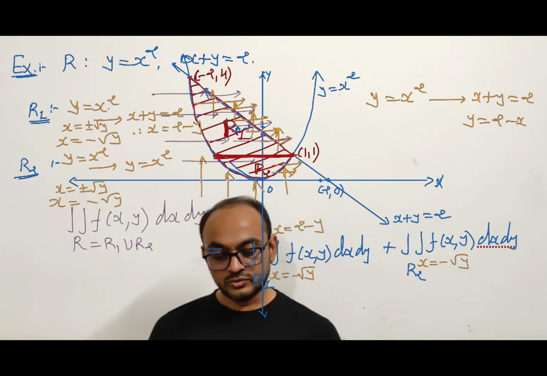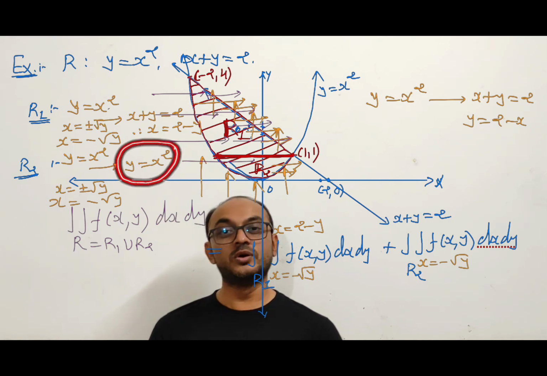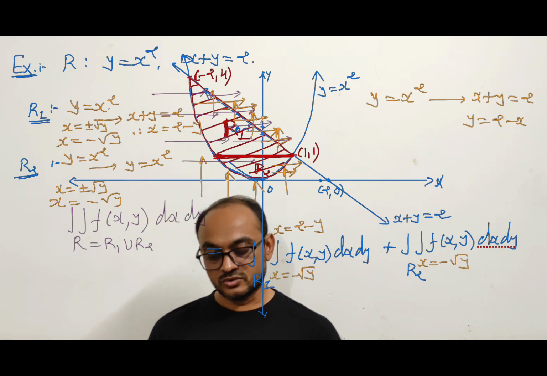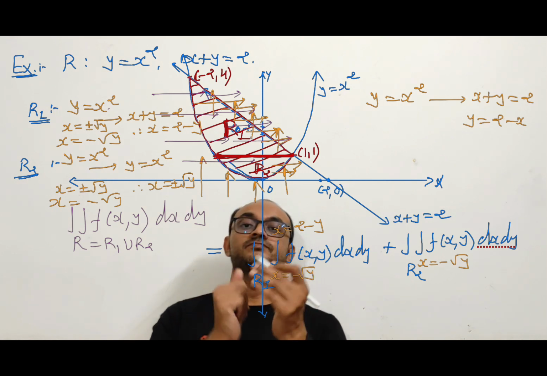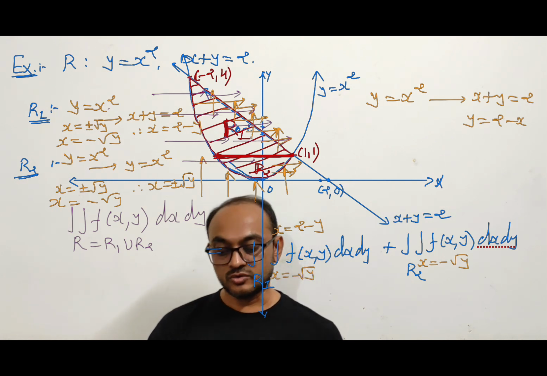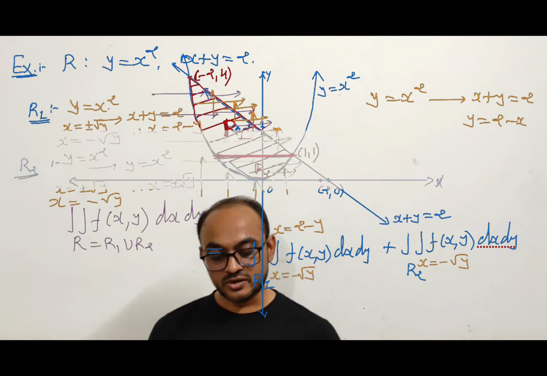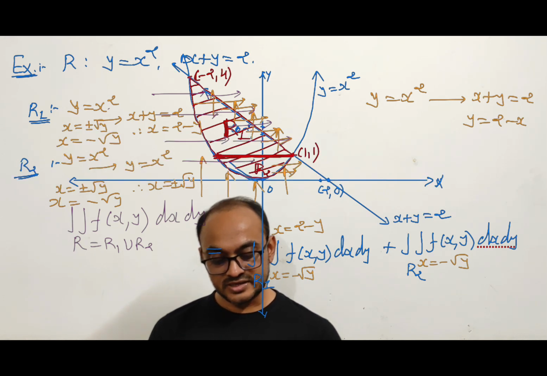For R2, the same situation again, y equal to x square. So what is x? Again the same thing, plus or minus under root y. But if you observe, our exit is this.